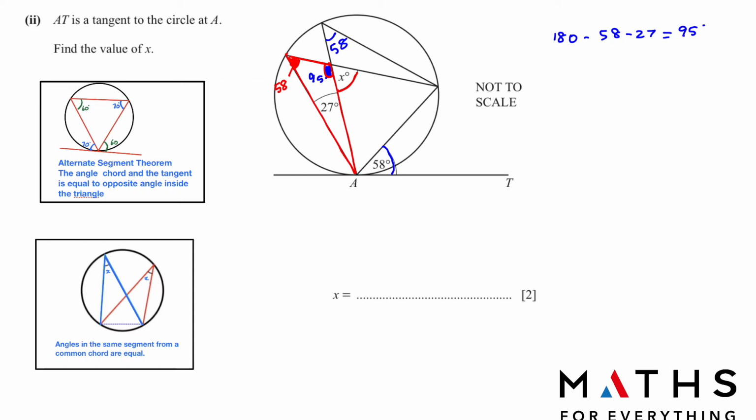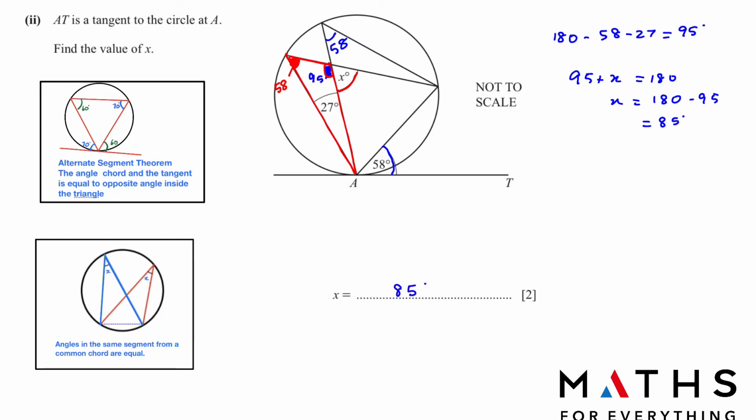Now 95 and x make a straight angle. So if you add 95 plus x, you are going to get 180. Therefore, x is equal to 180 minus 95, which is 85.